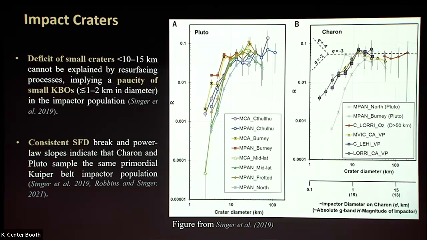The important thing that we take away from Charon's impact craters is that Charon and Pluto indicate the same impactor population that we see in a few other parts of the solar system. And so what that tells us is that most of the outer solar system icy bodies are being impacted by the same set of things.